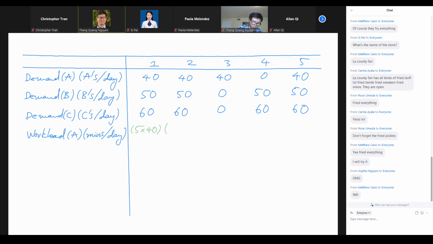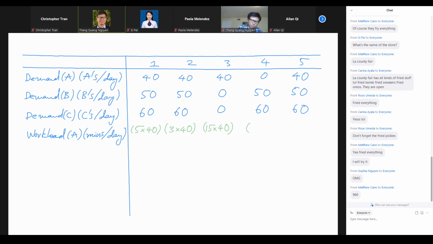And then for station 2, I see that number, 3 minutes per unit, but because we have 40 units, we multiply that with that. The next one, we do 15 times 40, right? 15 minutes per ice cream, and then for the ice cream, we multiply them together. The next one is tricky.